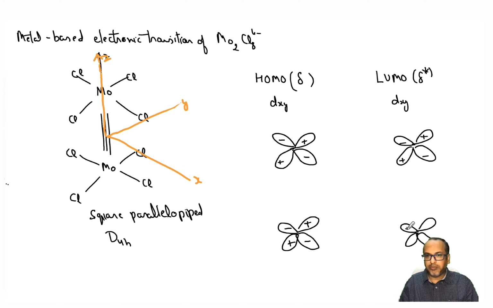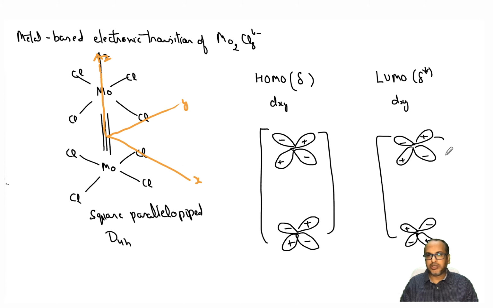So you have plus and minus, right? So you can see that these two are different. This whole thing constitutes delta, and this whole thing constitutes delta star. So these are two dxy orbitals which are kept on top of each other, and in this one there is a phase difference between the two, and that's how this is called delta star, and this is with the same phase, so this is delta.